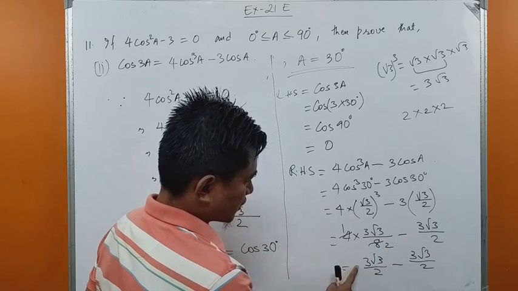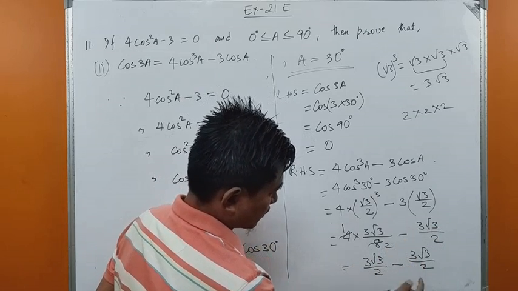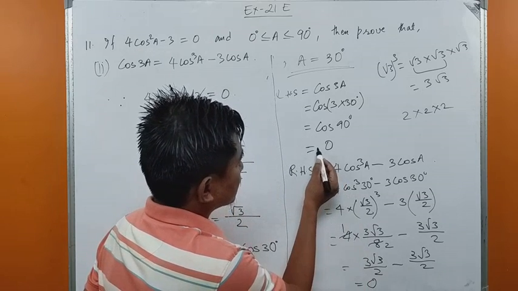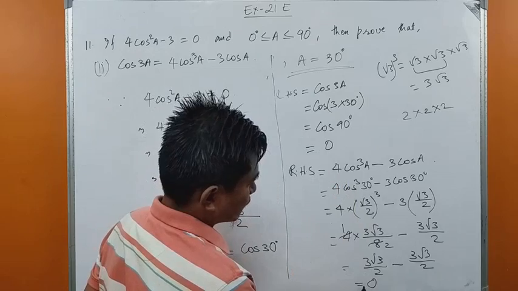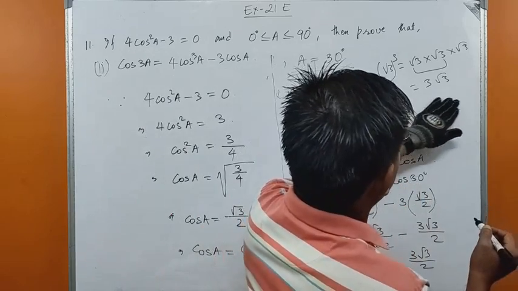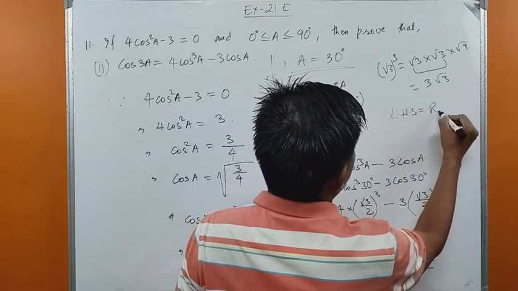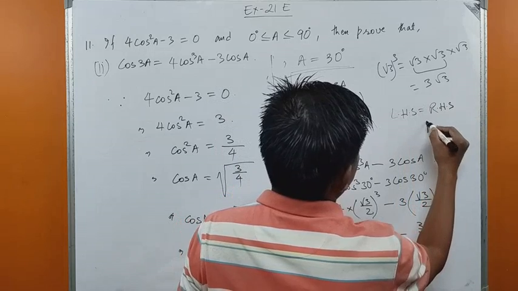Same number, opposite sign. This is plus and this is minus. So this gives us 0, isn't it? So in the left hand side we have 0 and in the right hand side also we got 0. This means LHS equals RHS. Hence proved.